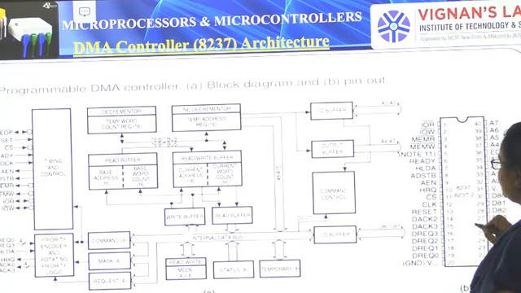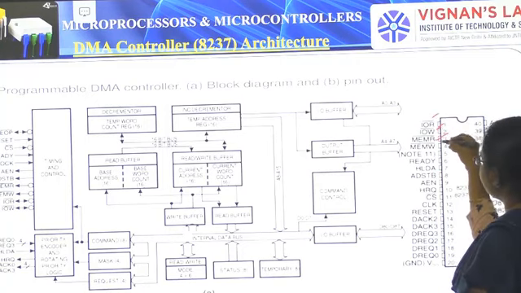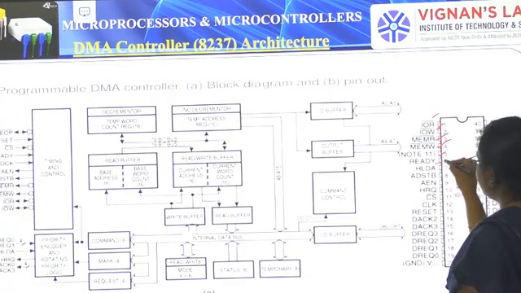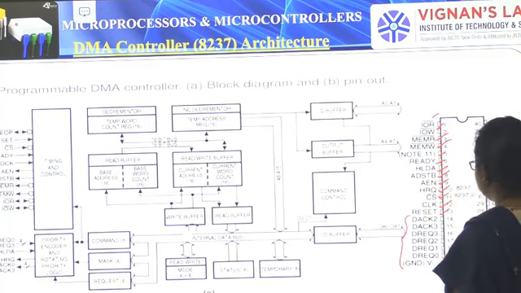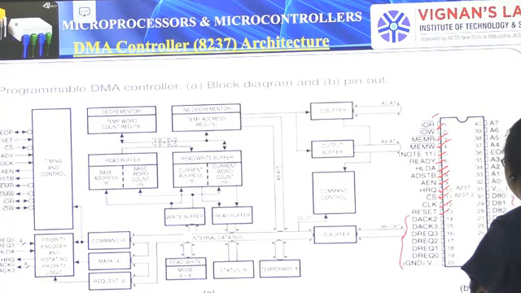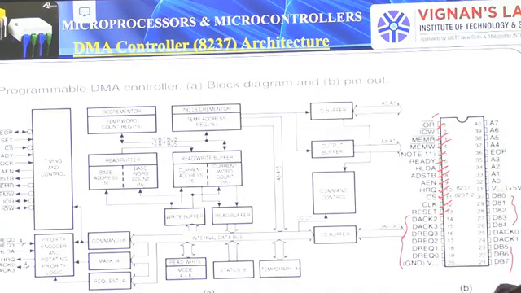We have the pins: input output write, read, memory write, memory read, ready, hold acknowledgement, address strobe, AEN and hold request, and CS bar, clock, reset, DMA acknowledgement 0 and data request. DB0 to DB7, that means the data bits, and A0 to A3.